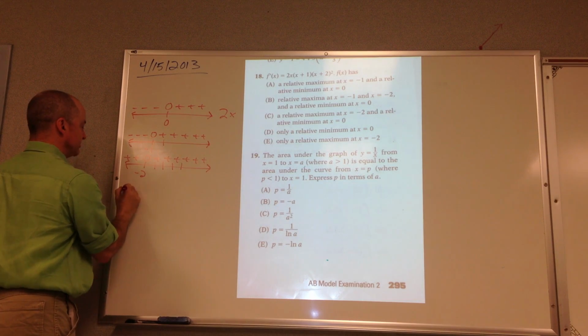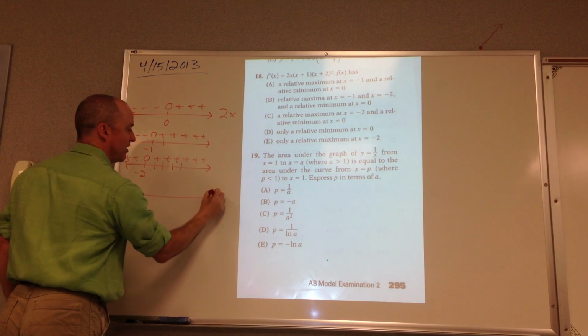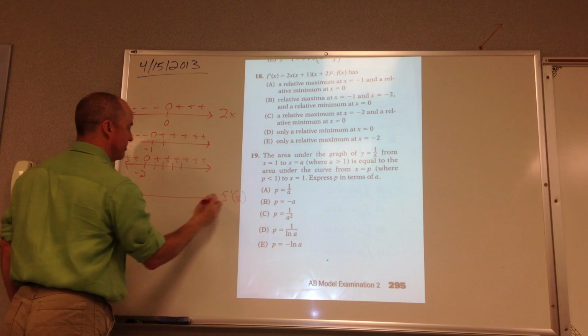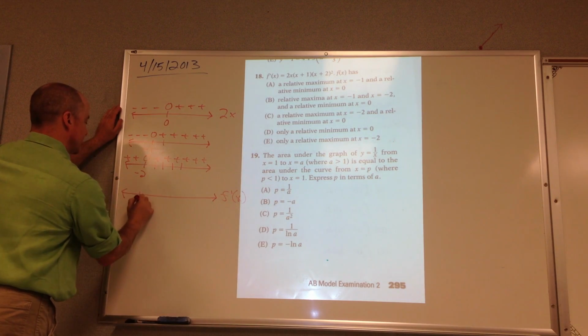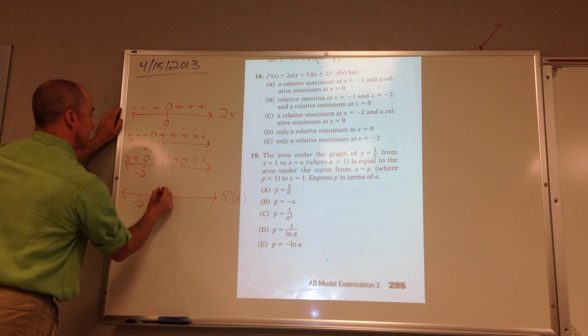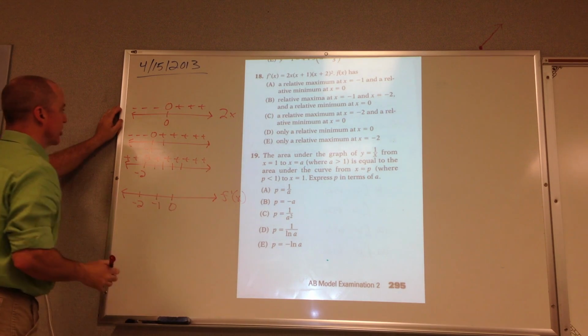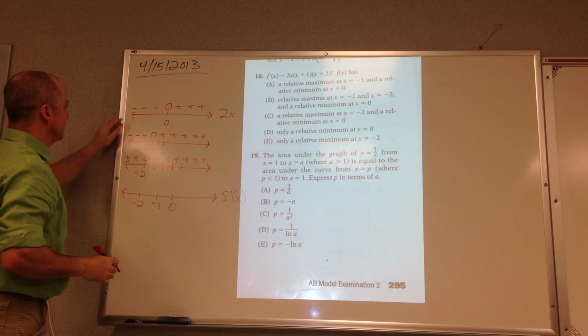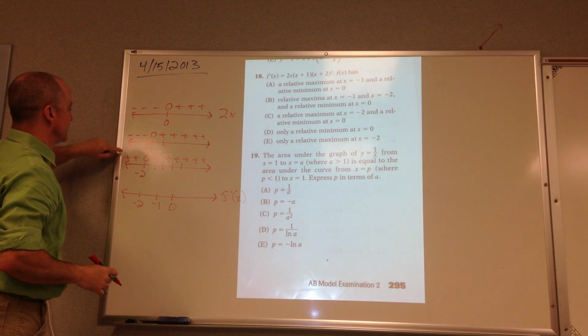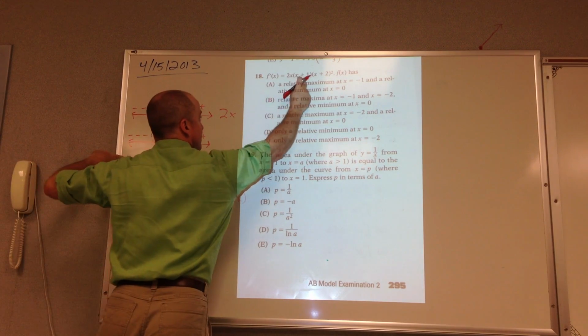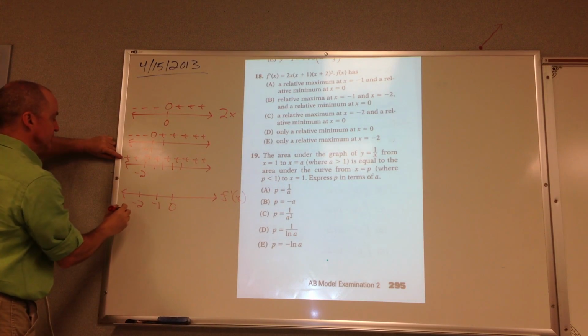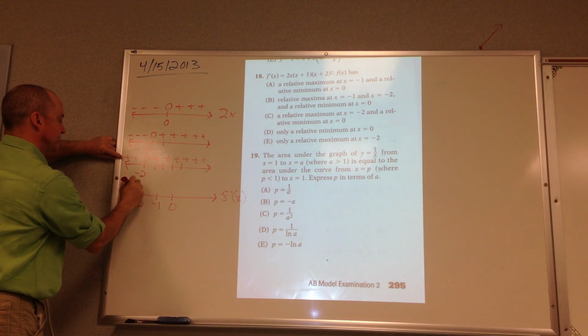Okay, let's say that. So now f prime is interesting at -2, at -1, and at 0. And below -2, we're looking at a negative times a negative times a positive. That's the sign of my 3 factors, which is going to be positive, correct?